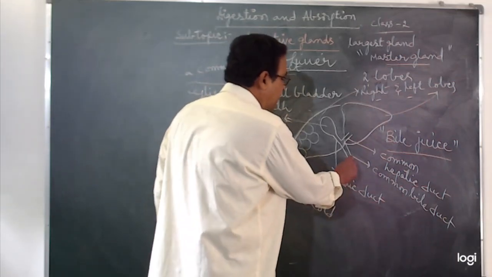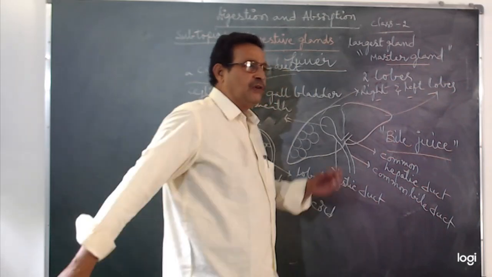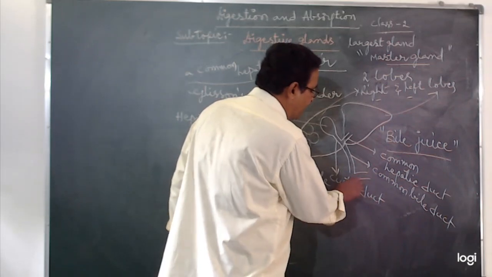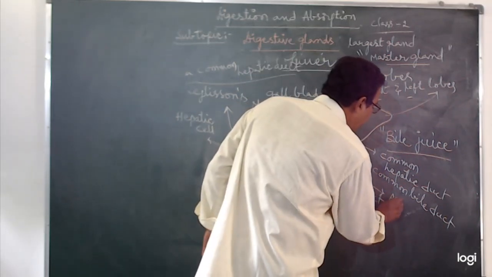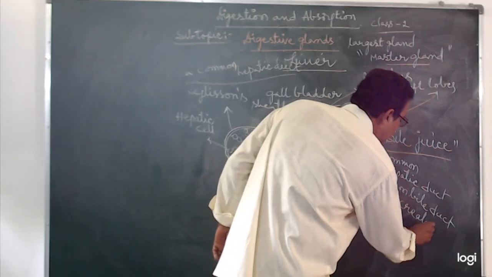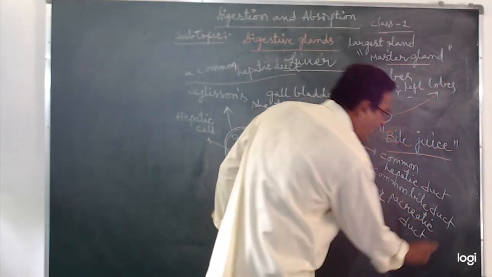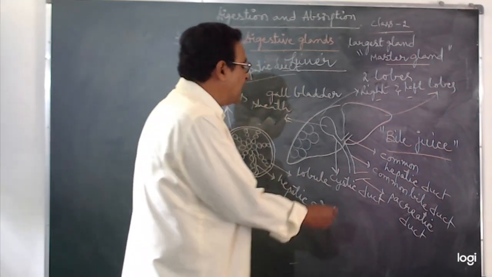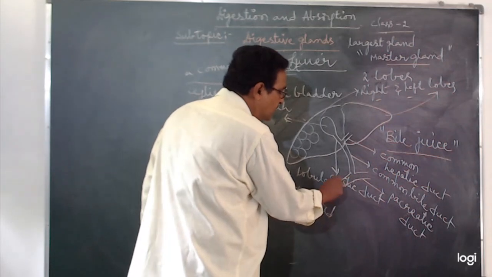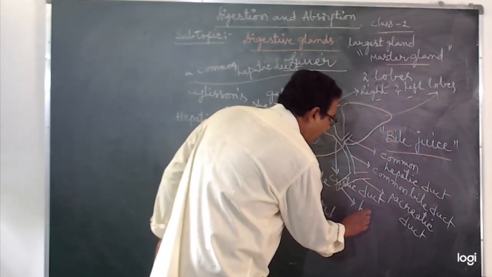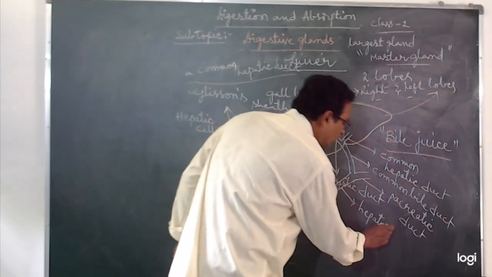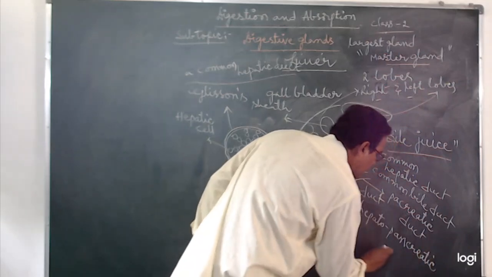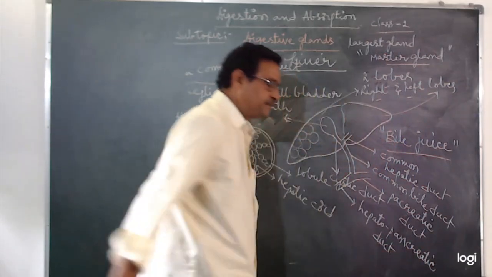This common bile duct extends and will join with the pancreatic duct, which is given by another digestive gland, the pancreas, and forms the hepatopancreatic duct.